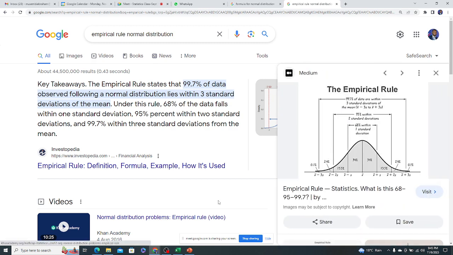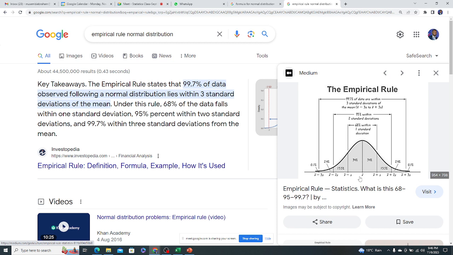Okay, so you can see what the empirical rule shows. 68% of our data should be within one standard deviation of the mean.